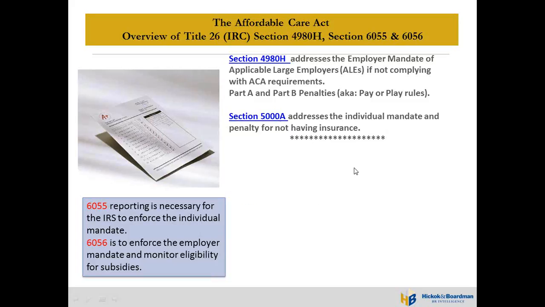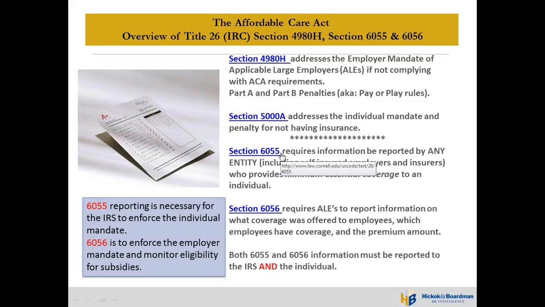So now to the reporting, you have Section 6055 of this 4980H that requires information to be reported by any entity that is providing minimum essential coverage to any individual.